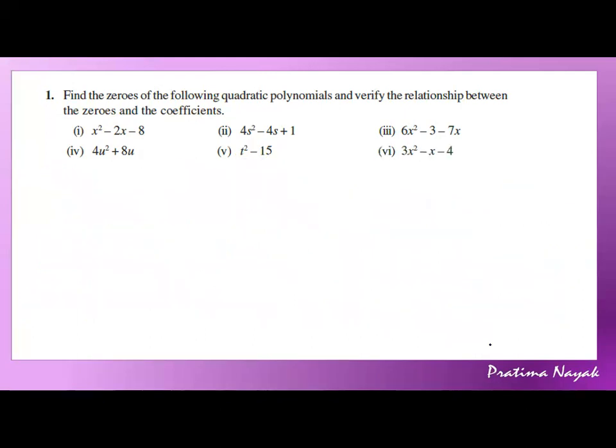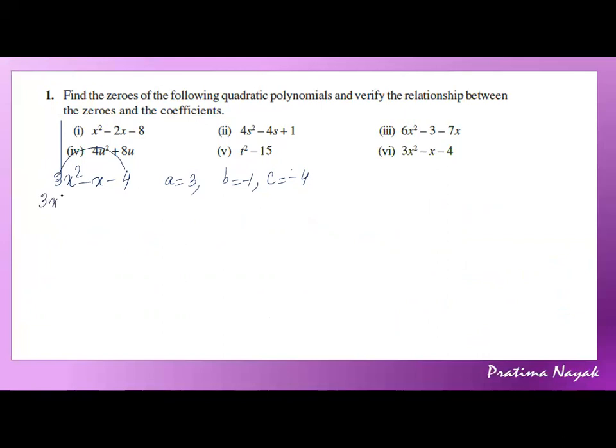I hope you are enjoying. Last part, 3x square minus x minus 4. What is a here? a is 3, b is minus 1, c is minus 4. Now, splitting the middle term. If we multiply, it will be 12, and on subtraction, you will get 1.